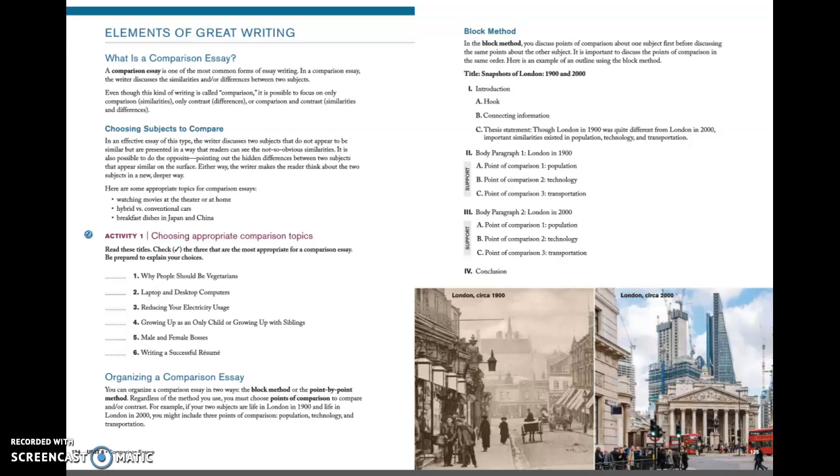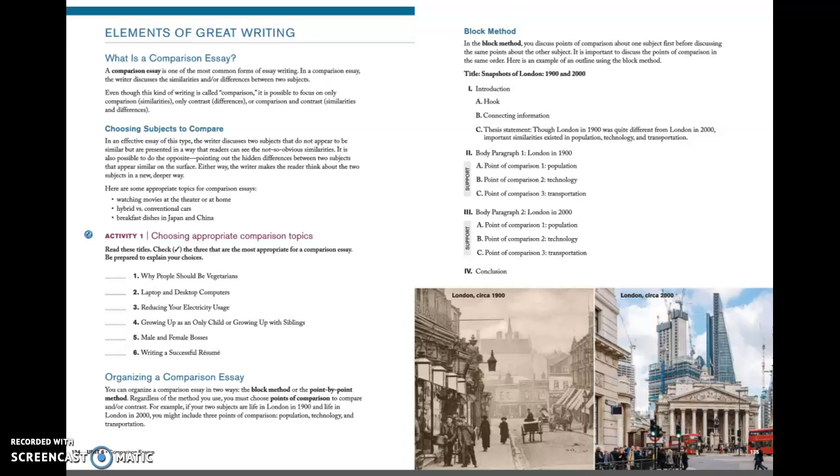But as it stands now, number 1 doesn't look like a comparison topic. But number 2 does, laptop and desktop computers. Number 4, growing up as an only child or growing up with siblings. And number 5, male and female bosses.